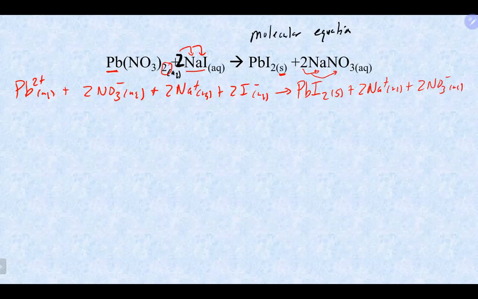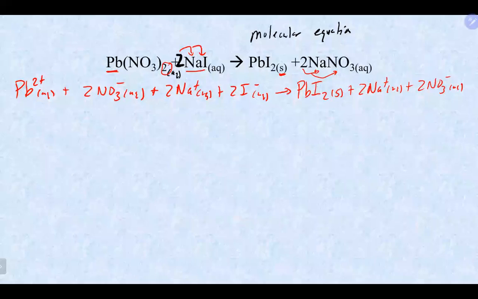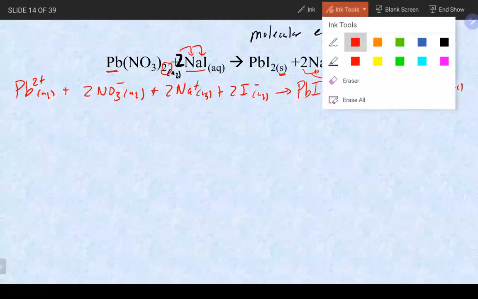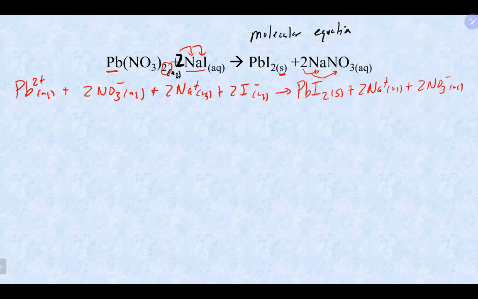So this equation really describes what is truly happening when you take those 2 reactants and dump them together into the beaker. You've got all this happening here. This type of equation is what is referred to as a total ionic equation.